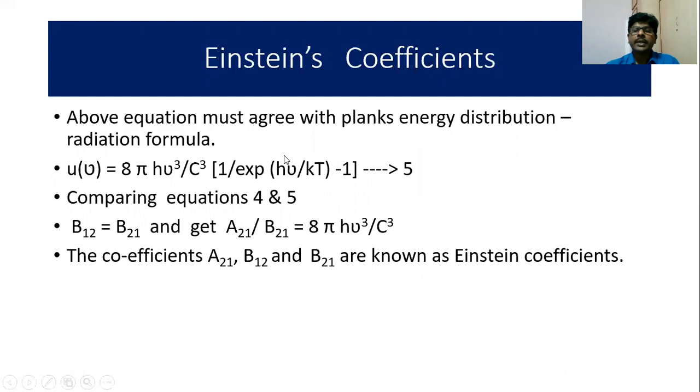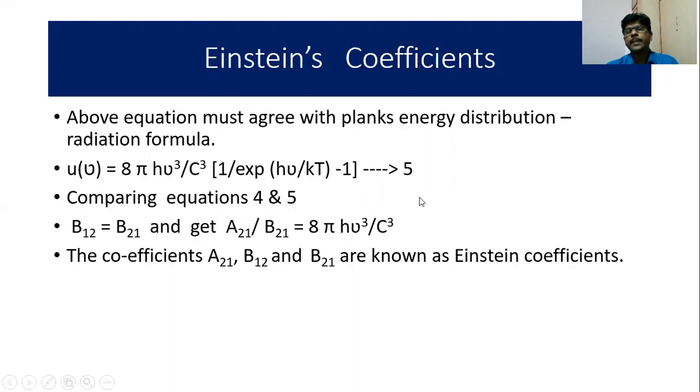The above equation must agree with Planck's energy distribution radiation formula, which is U nu is equal to 8 pi h nu cube by c cube into 1 divided by (exponential of h nu by kT minus 1), wherein we know h is Planck's constant, nu is the frequency, c is the velocity of light.